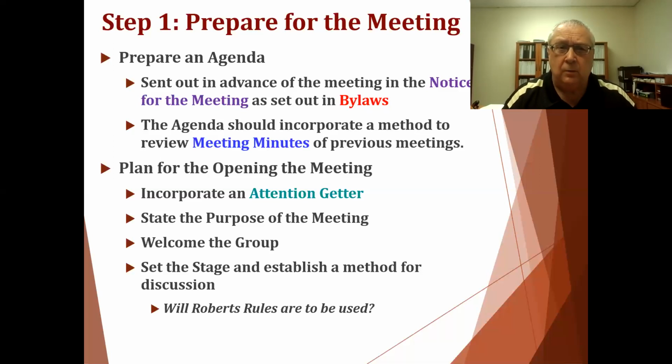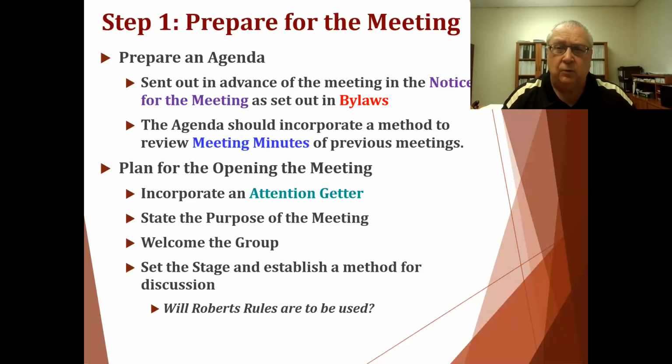So when we go about preparing an agenda, there's many things we're thinking about. We're thinking about how we're going to start the meeting. Having an intention getter planned will capture the imagination of the group that's having the meeting. What is the purpose of the meeting?